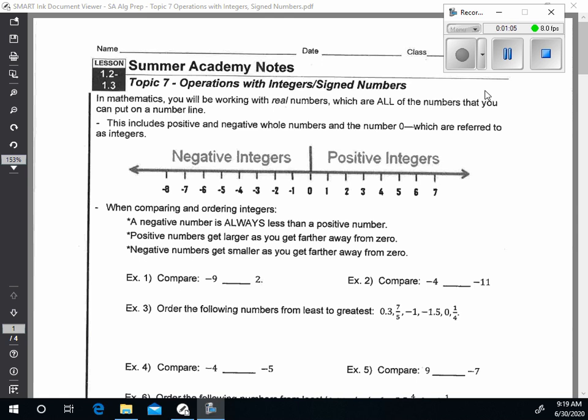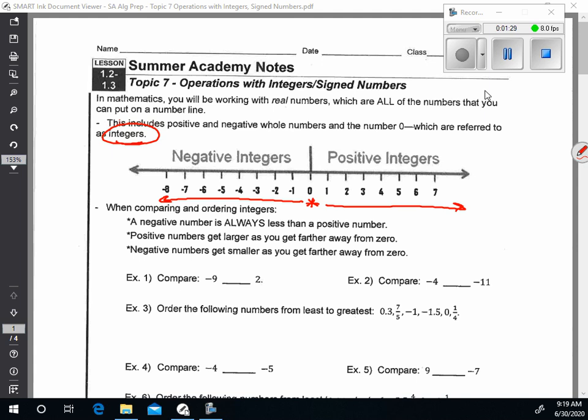These three categories combined make up what are called integers. So if you look at the number line, you have 0, which serves as the dividing line. To the left of 0 are your negative numbers. To the right of 0 are your positive numbers.